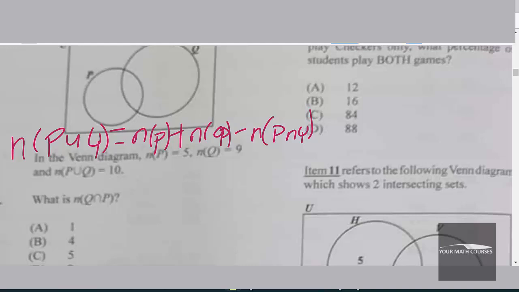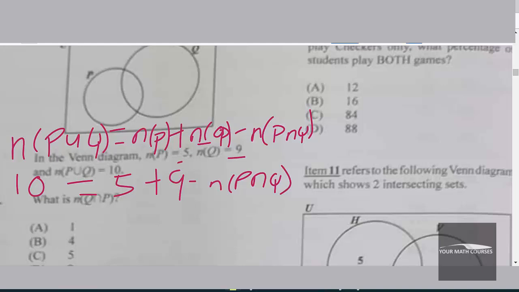Yes, we know this one to be equal to 10 because it is given in the question. Then we know this one to be 5 because that is also given in the question. Then we also know number of Q to be 9, minus the intersection.